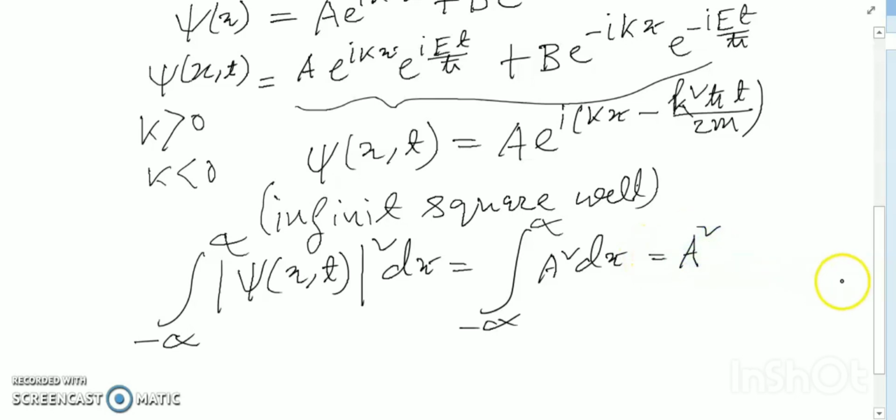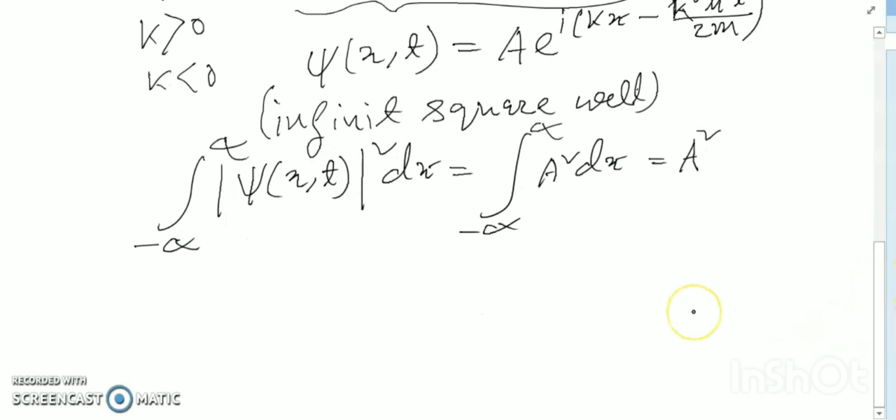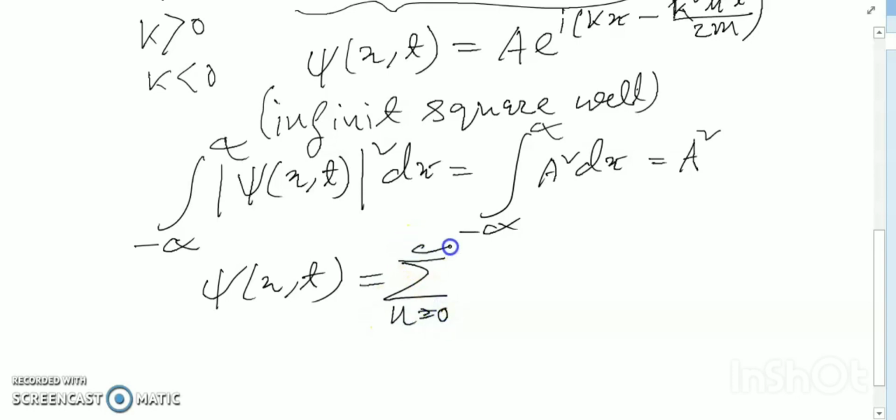Okay friends, so it is the infinite square well. Now we can say that psi of x comma t equals the summation from n equals 0 to infinity of psi n e to the power minus h bar k square divided by 2m.